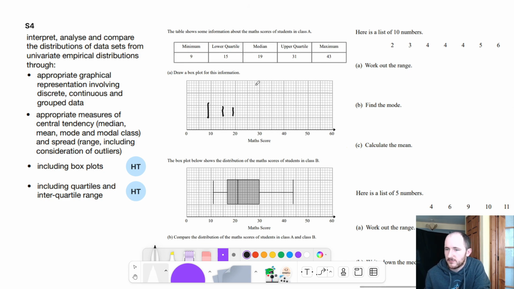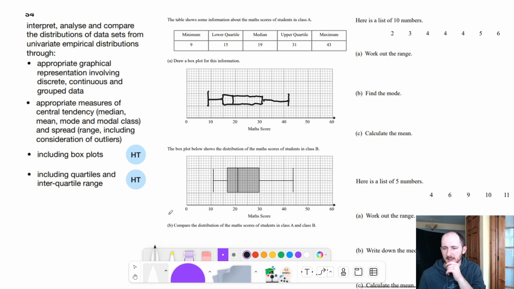Again, using a ruler and a pencil would be way easier for this, but what can I say? There you go, that's my fantastic drawing.